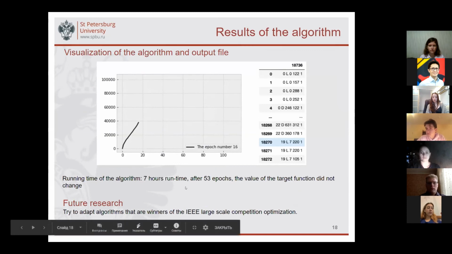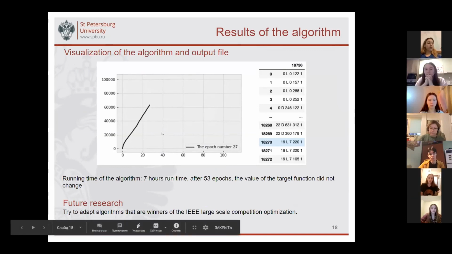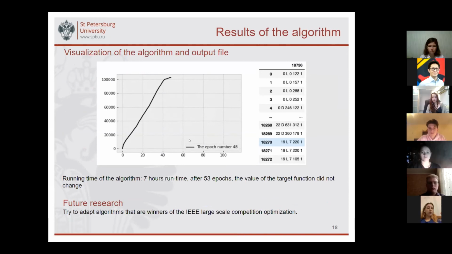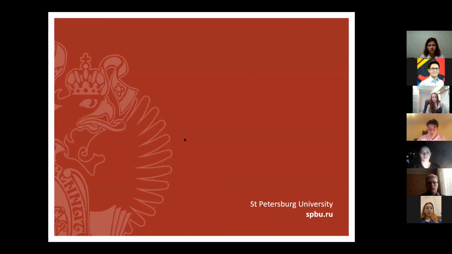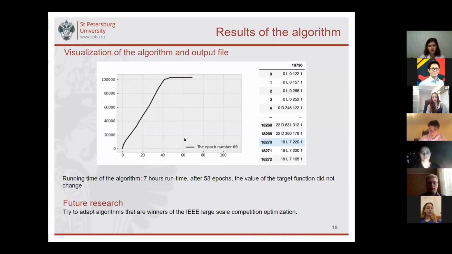You can see the GIF visualization of this algorithm. As you can see, at 53 epochs, we stopped at 100,000.